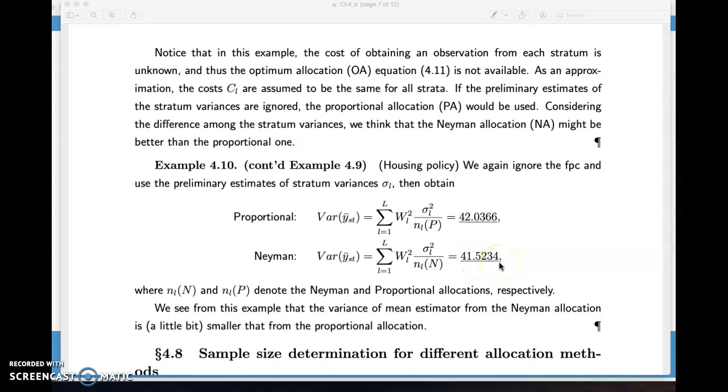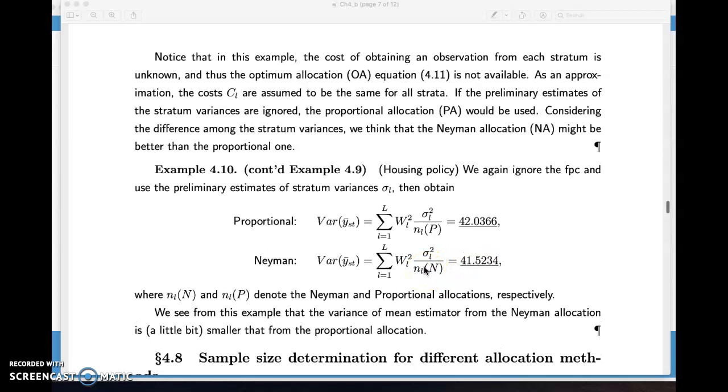This is a very good comparison between the proportional allocation and the Neyman allocations. It shows that under the Neyman allocations, we could achieve a slightly smaller variance. With that smaller variance, we would say that the Neyman allocation is superior to the proportional allocation, because the difference of the sample size is the factor here.